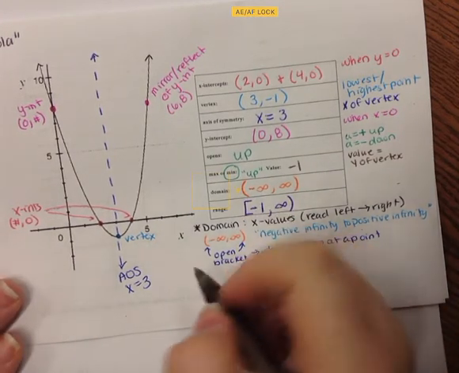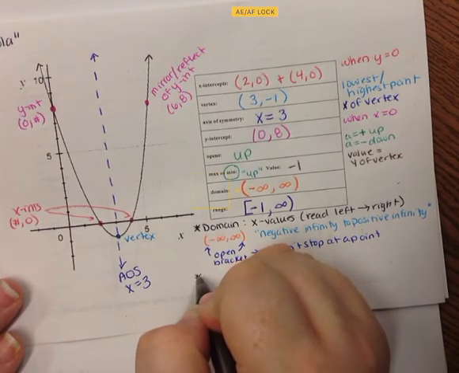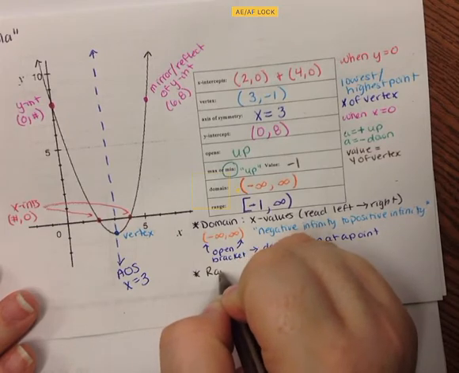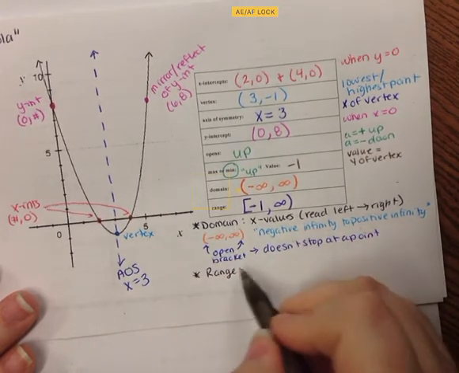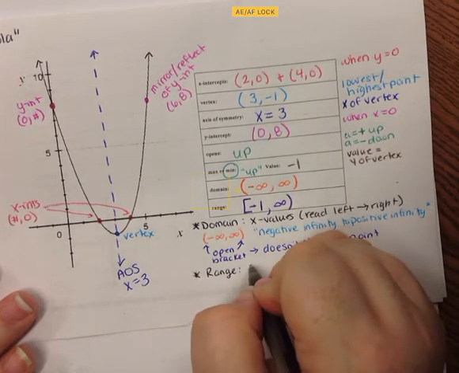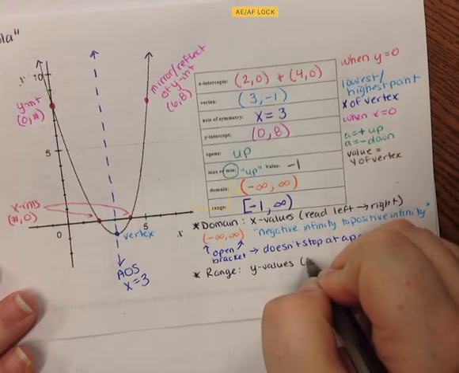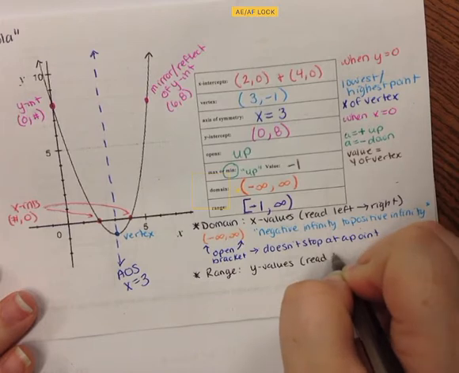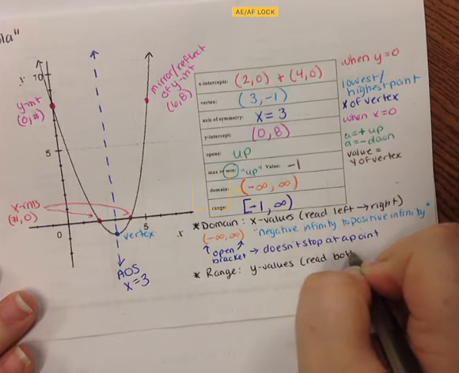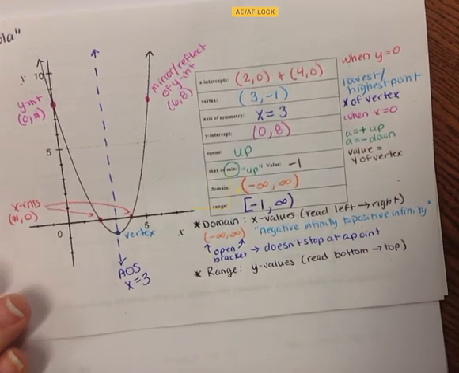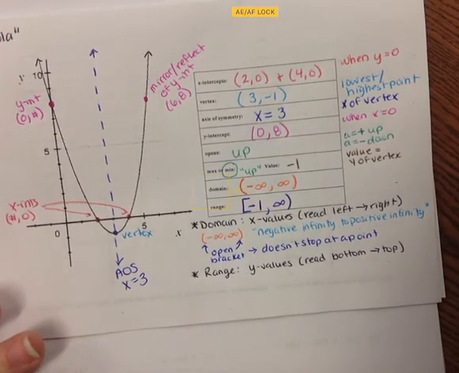So if we want to talk about the range, it will change from problem to problem. Not a whole bunch, but unlike the domain, you will have different numbers. So the range are your y values, which you actually read from bottom to top, because we want to go from the smallest numbers to the biggest numbers. And the bottom is where you have your negatives, and the top is where you have your positives.